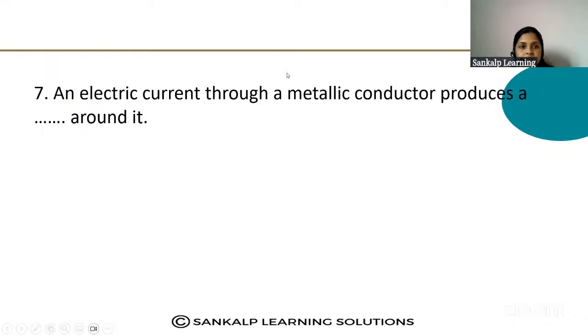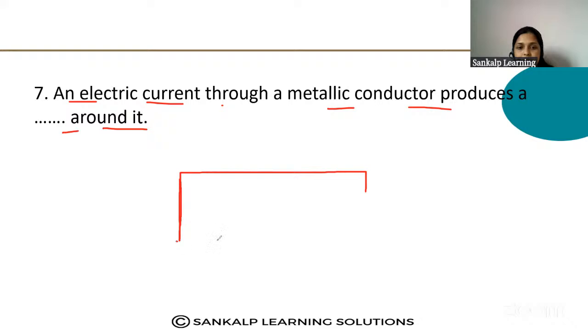Next question. Electric current through a metallic conductor produces a dash around it. Just imagine this is the electric wire, which has an electric current supply.